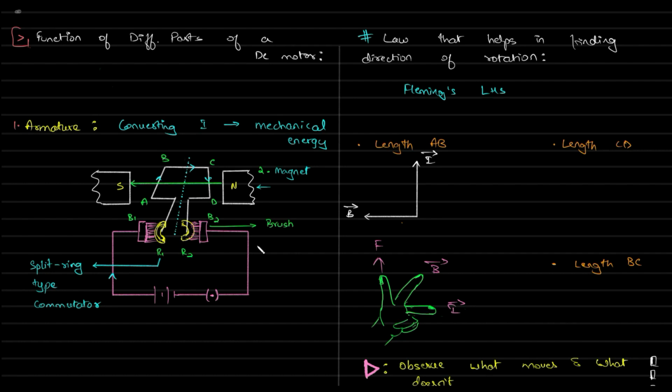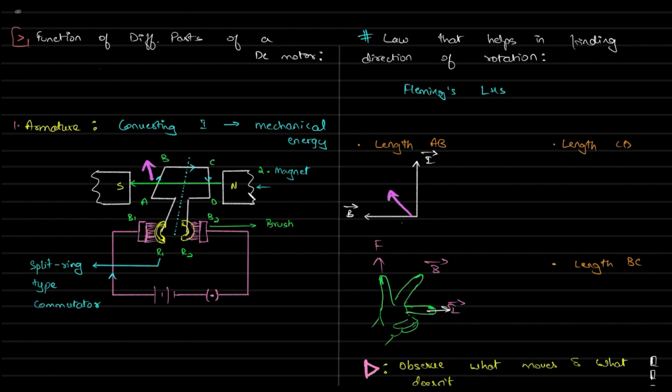We have to see that the current, that is the middle finger, is pointing away from us. The index finger is pointing to the left. Are you guys doing it? Right, away and this left. So now the thumb by default will point up. Right, so this length of AB gets pushed up.